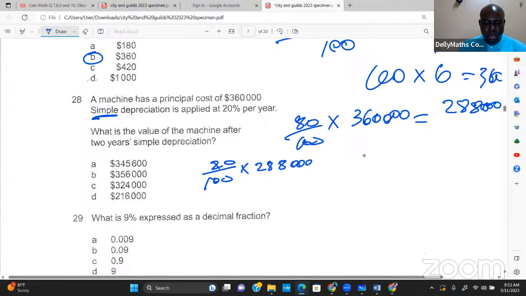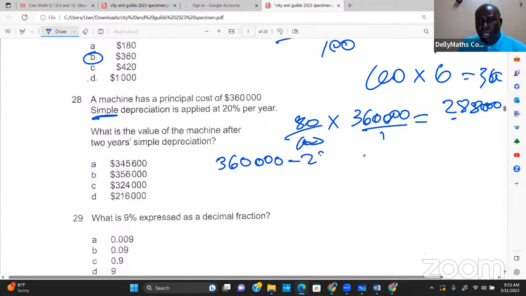Hold on, let me work this out. All right, so hold on. All right, this is about 72. All right, let's subtract these since it is simple.